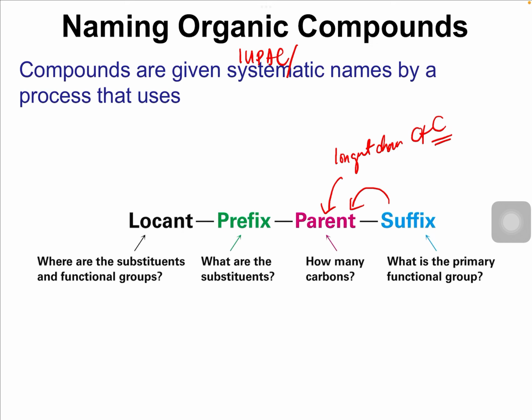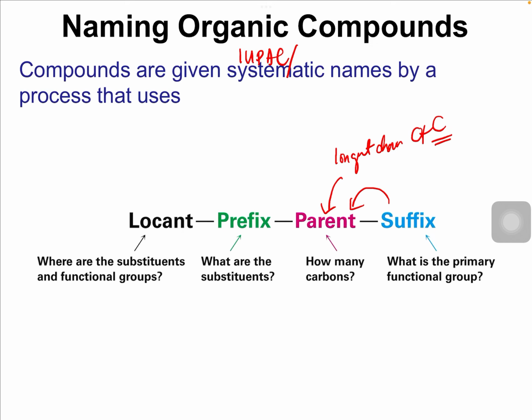Now for these two, the locant and the prefix, there will be parts of the structure that seem to be substituents. So ito yung mga nakakabit dun sa ating parent. The prefix answers the question, what are the substituents in that particular organic compound? And the locant is trying to ask your question, where are the substituents in the functional group?